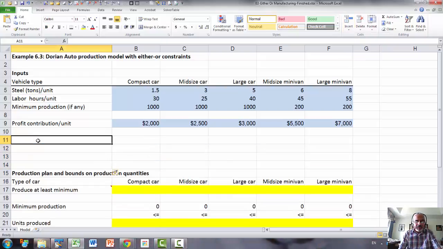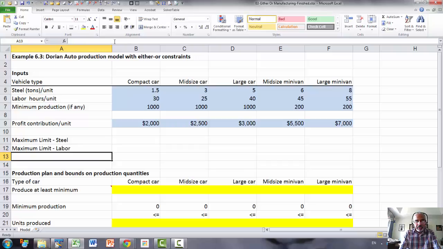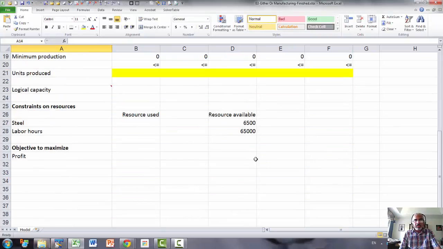And we'll set up the maximum limit with steel, maximum limit labor, and then maximum limit, and this is steel available.